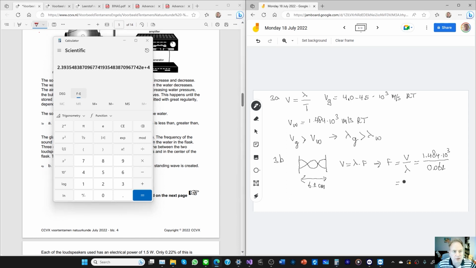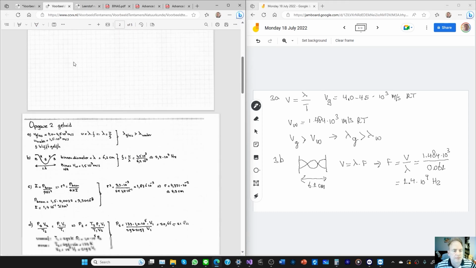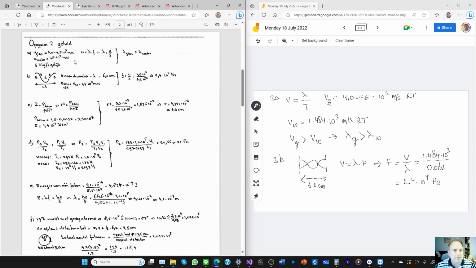And this is equal to 2. I keep two significant figures. That's how accurate the wavelength is given. So times 10 to the power 4 hertz.